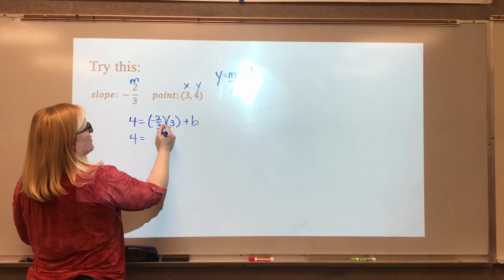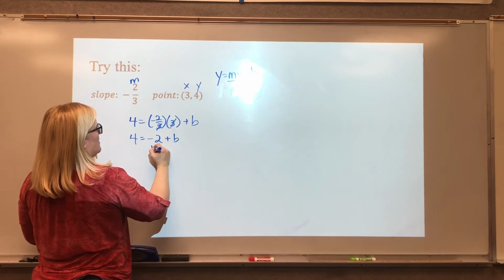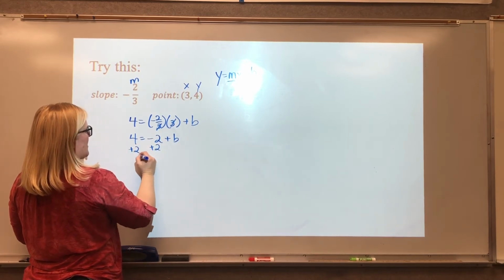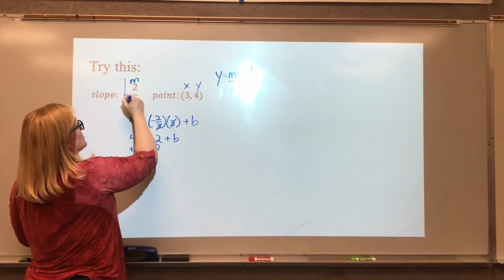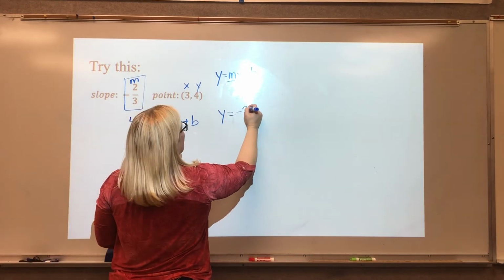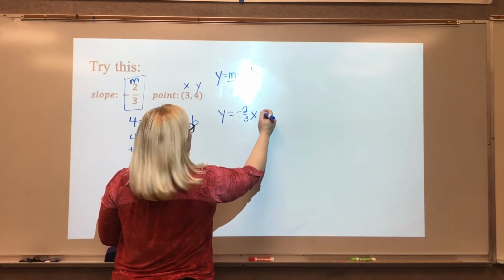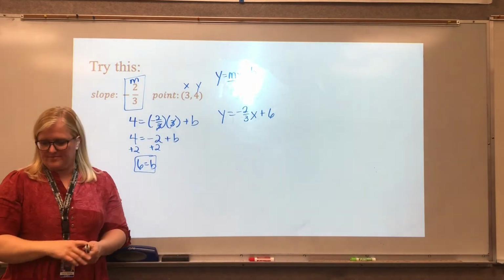Here the 3's cancel, so I have negative 2 plus b. I add 2 to both sides, and I get b equals 6. So here's b, here's m, that's what I need. So I have y equals mx plus 6. I hope that's what you got.